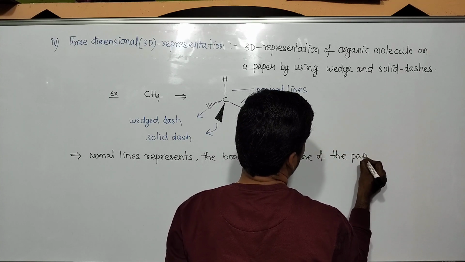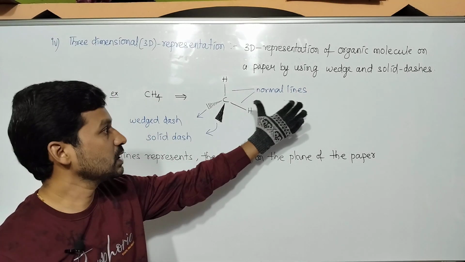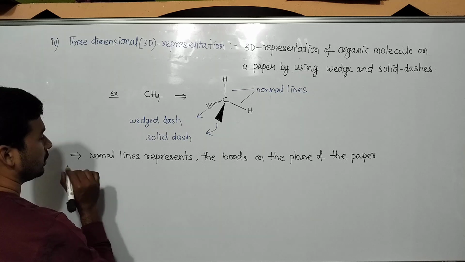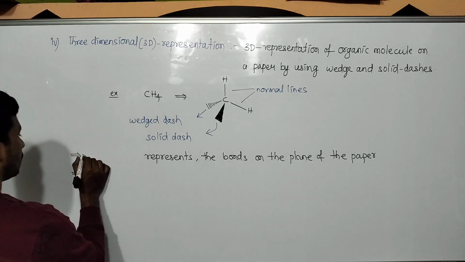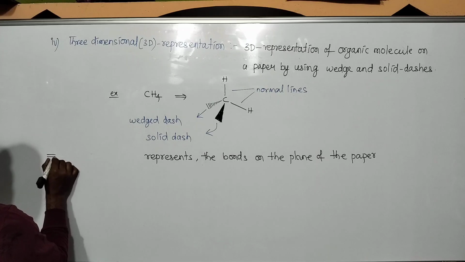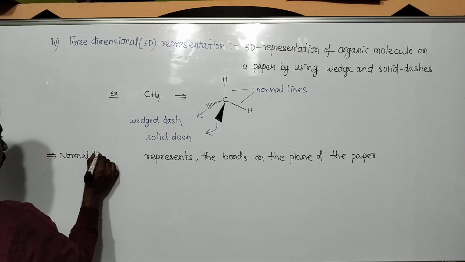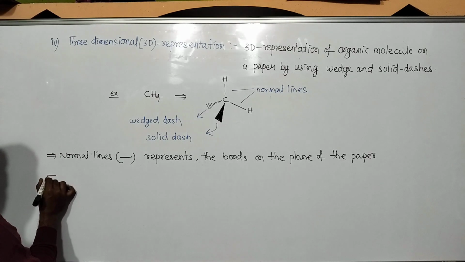Normal lines represent the bonds which are present on the plane of the paper, and they are represented like that.